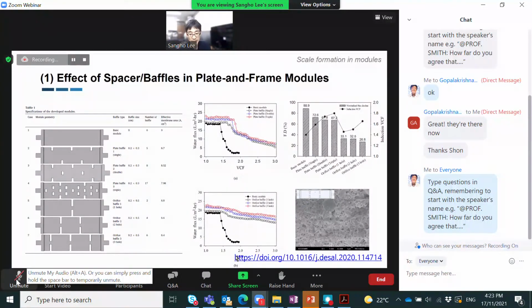We found an interesting result: by changing the shape and number of baffles, we can sometimes increase the flux, which is better than the membrane modules without any baffles. That shows some potential for controlling scale formation by having a proper baffle inside the membrane module.